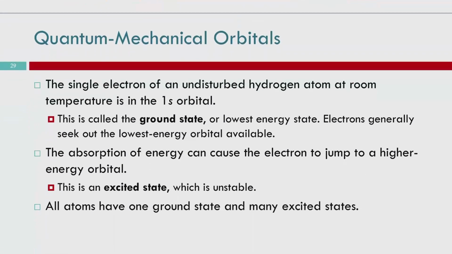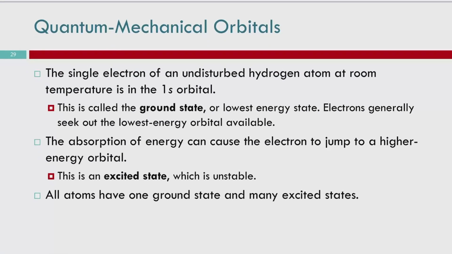If we have a hydrogen atom at room temperature, an undisturbed hydrogen atom at room temperature, that one electron is going to be in the 1s orbital. That's going to be its default location. We call that the ground state. The ground state is the lowest energy state.